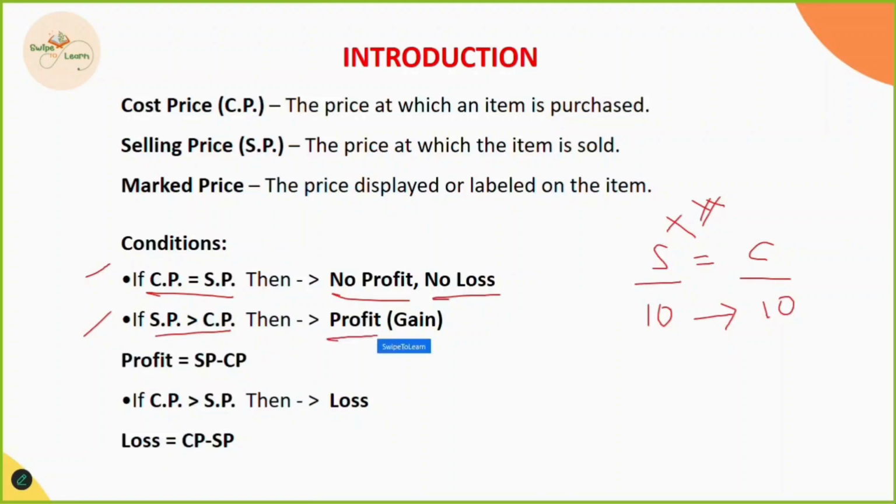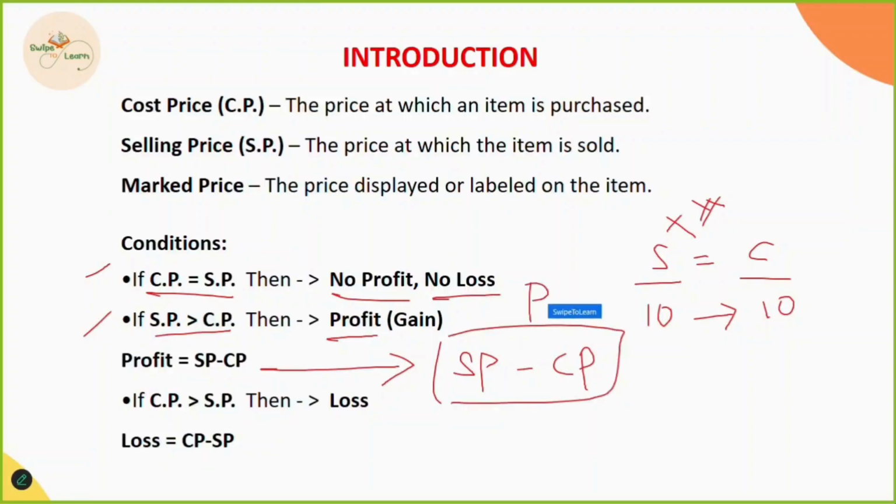And that profit is calculated as selling price minus cost price: the price at which he is selling minus the price at which he bought. This is the most essential formula, which we use in solving further problems also.